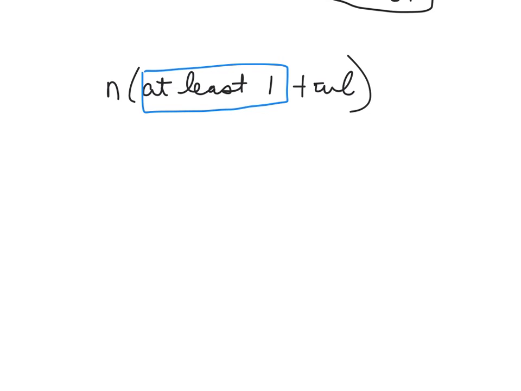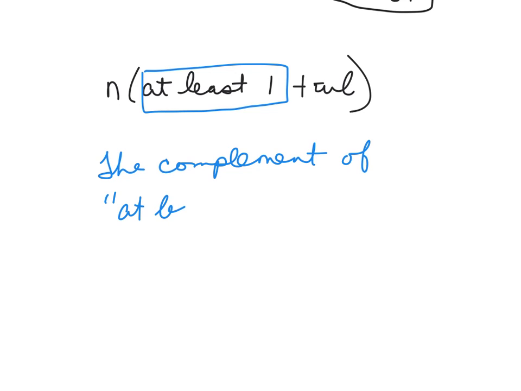So I want you to put in your notes this sentence. The complement of at least one is 0. The only way you don't get at least one of something is if you get 0 of them.